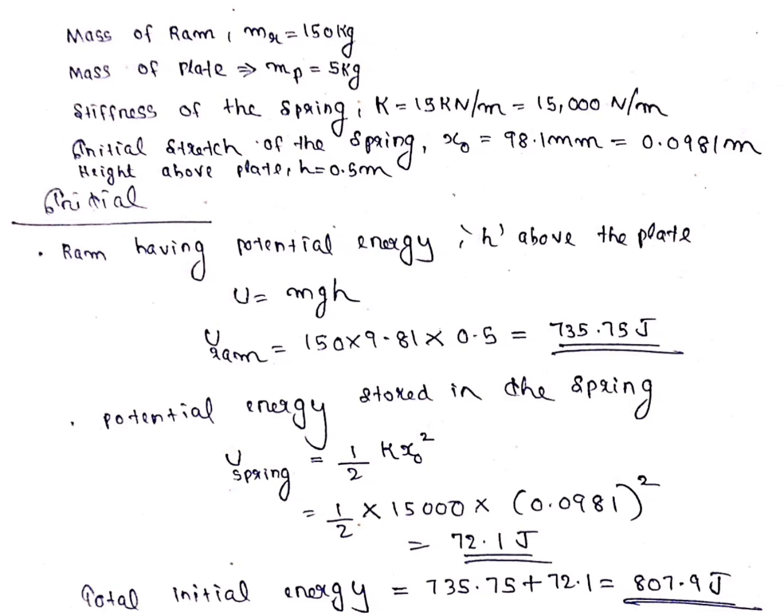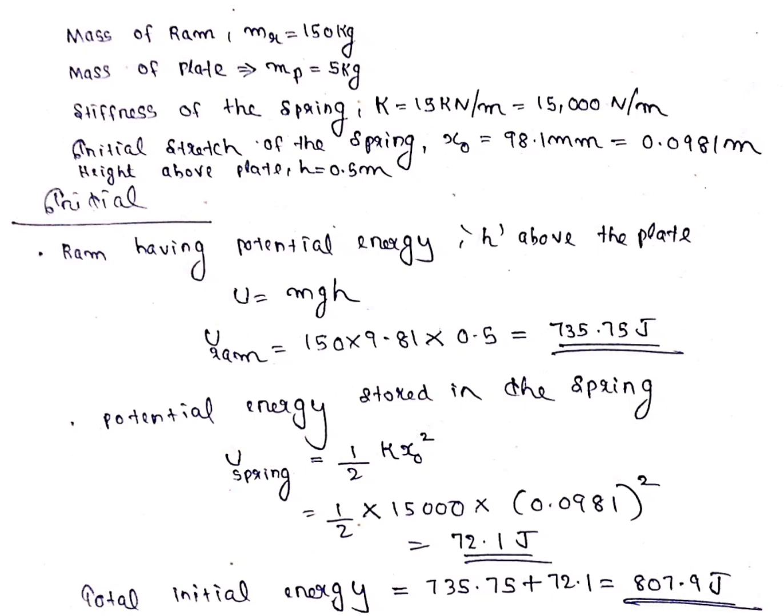Then, apart from the ram, there is a plate which is connected to a spring. We already know that a spring will have spring energy, right? That's the basic idea of a spring. A spring would store spring energy, and initially they told us it is stretched by 98.1 mm, so it has a slight deflection and it would have spring energy.